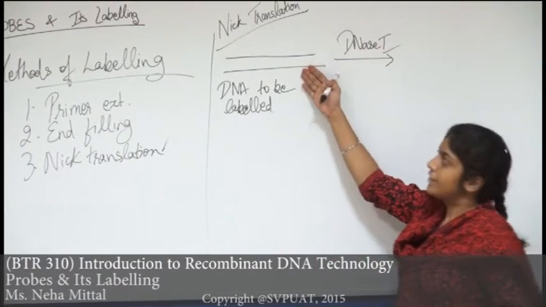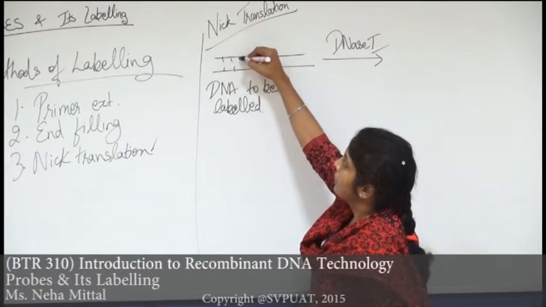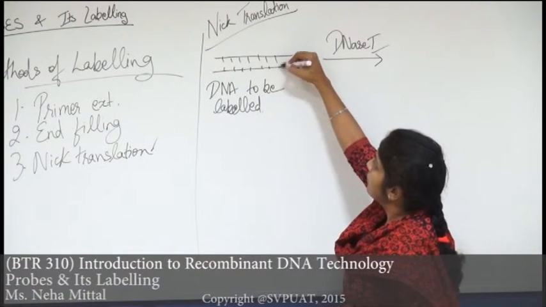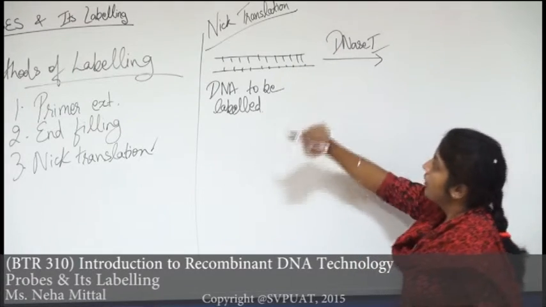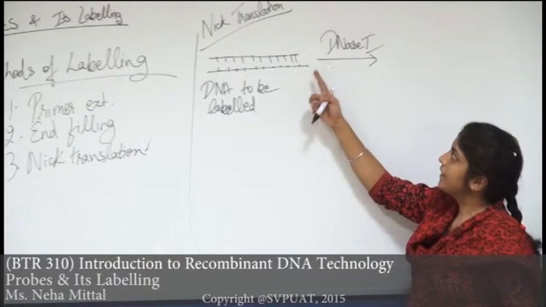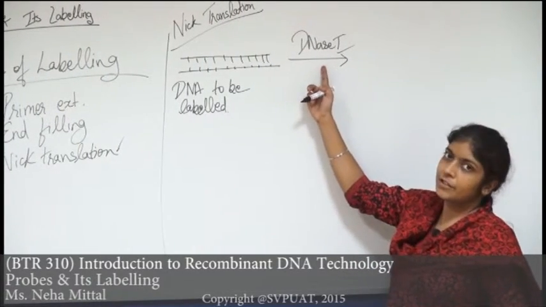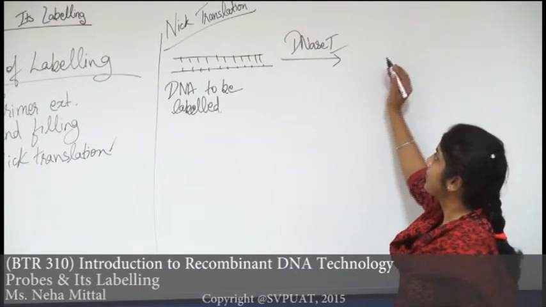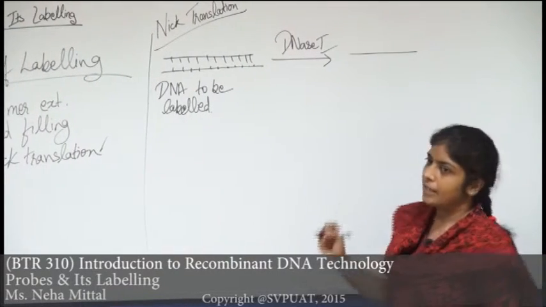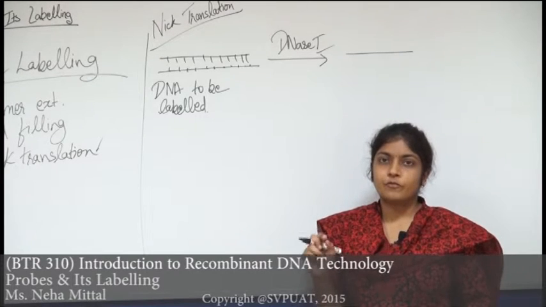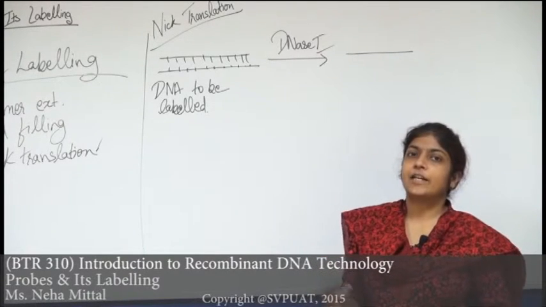Suppose this is the DNA strand which we want to label. Okay, this is the DNA. So in this DNA, a nick is introduced with the help of enzyme DNase. DNase has the capacity of cleaving the nucleotide chain.